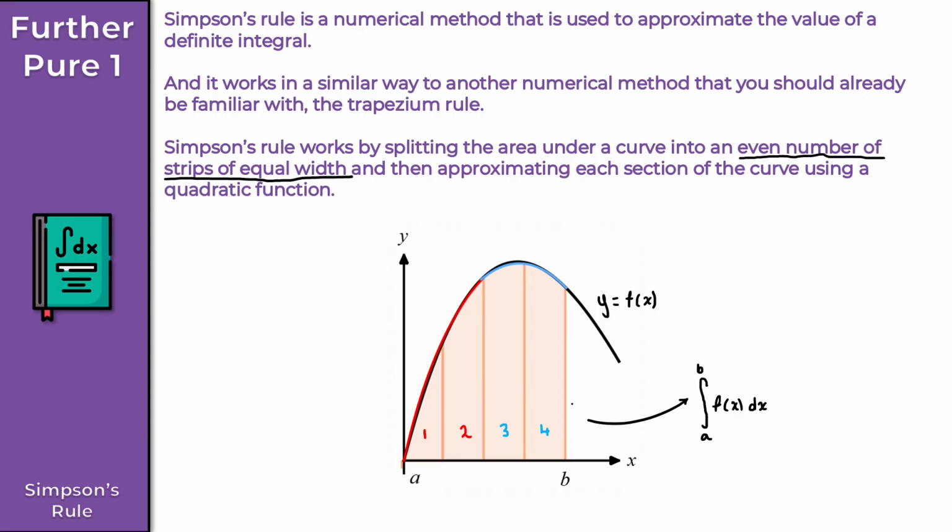And as we've mentioned, we approximate the first section using a quadratic function. That corresponds to this red curve here, which is the quadratic function for my first section. We also do the same for the final two strips. So strip 3 and strip 4, we pair those together and I get another section underneath the curve. And as you can see, that corresponds to this blue curve here.